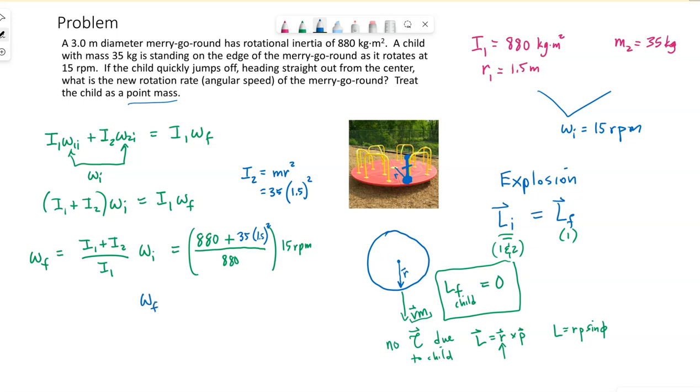Now I am leaving omega initial in terms of RPM, which means omega final will be in RPM as well. If you're unsure of whether or not you can do that, go ahead and convert to radians per second, and that would be fine.